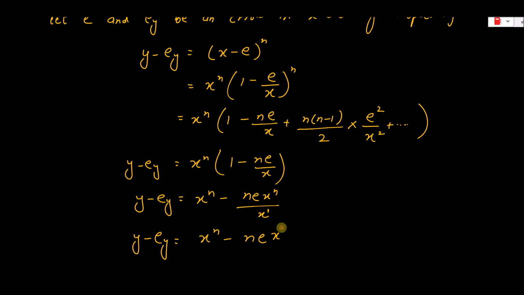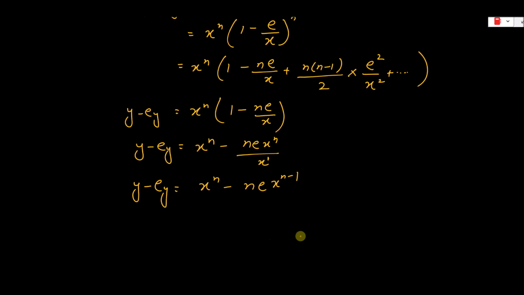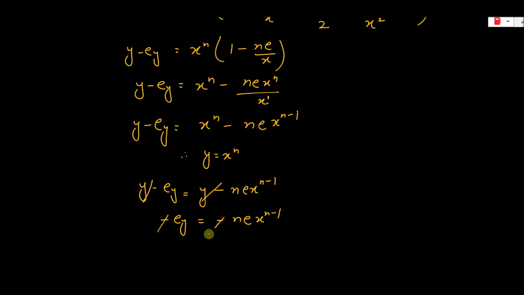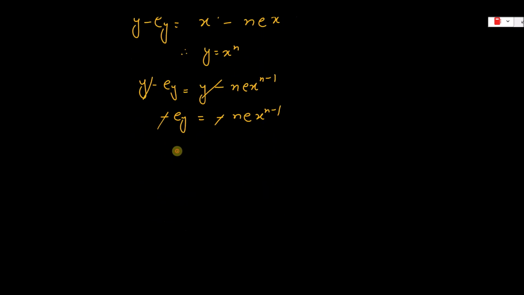That should be x^(n minus 1). As we know that y is equal to x^n, we are replacing it in the previous equation, that is y minus ne x^(n minus 1). We are cancelling out, and we are left with ey equals ne x^(n minus 1), after cancelling this negative.